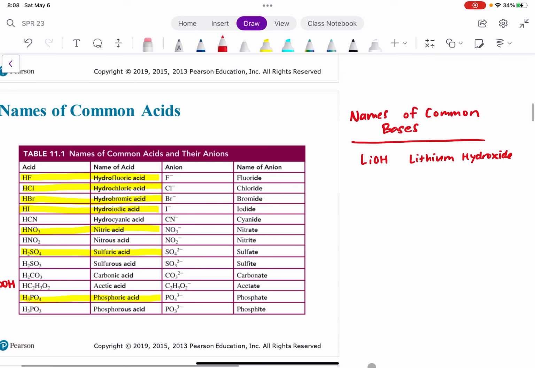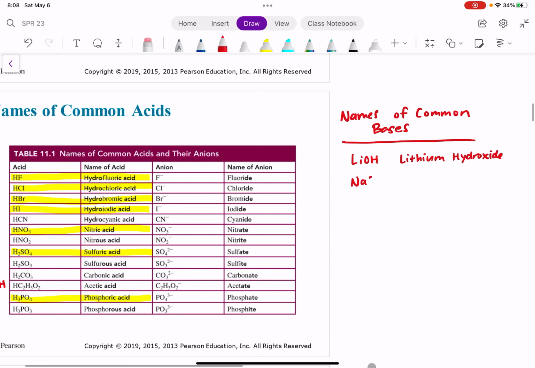I want you to memorize NaOH, sodium hydroxide, KOH, which is potassium hydroxide. Sorry, I'm getting a little lazy with my writing here.